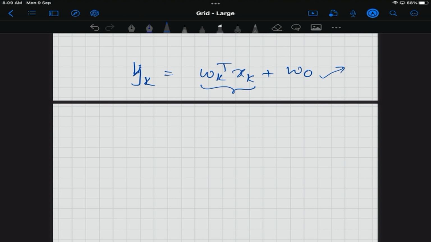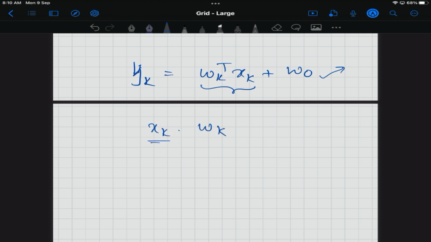So why is there a transpose? You can use any notation. Your aim is to do the multiplication with your W vector and just take the sum. It is just a linear sum. You can see based on the dimensions of xk and wk.